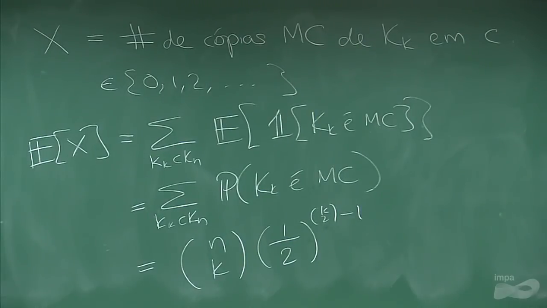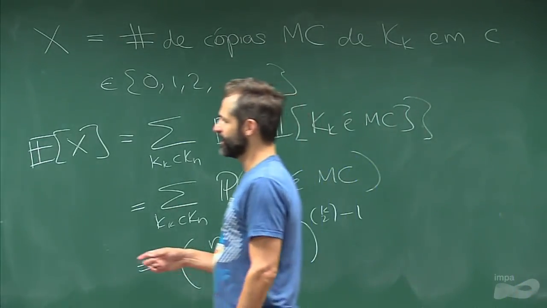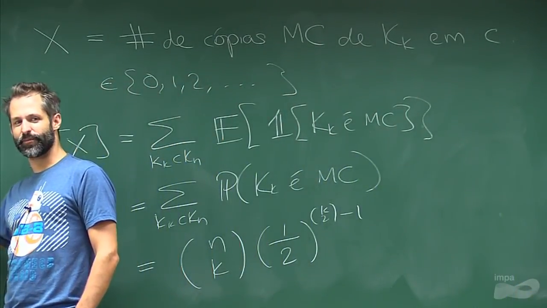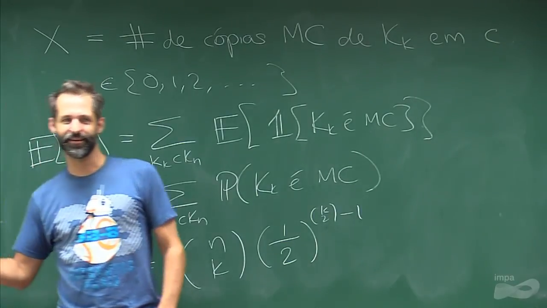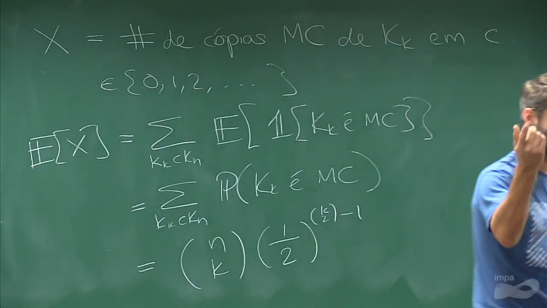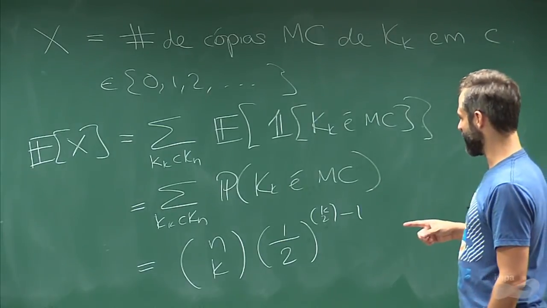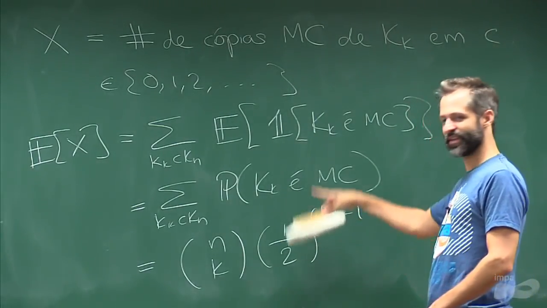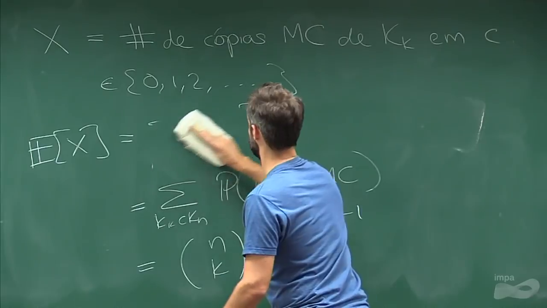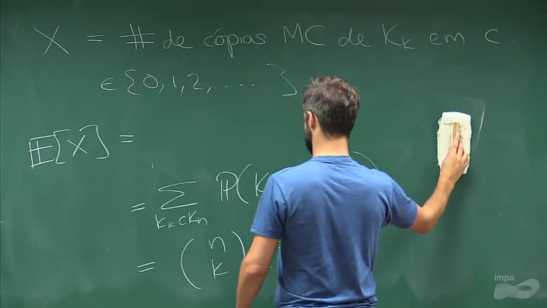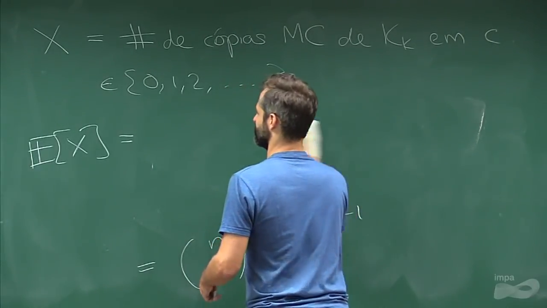So if we want the probability of it being 0 to be big, we want the expectation to be small. So let's try and give an upper bound on this expectation. Maybe I'll make myself a bit more space, so I'll move all this up.